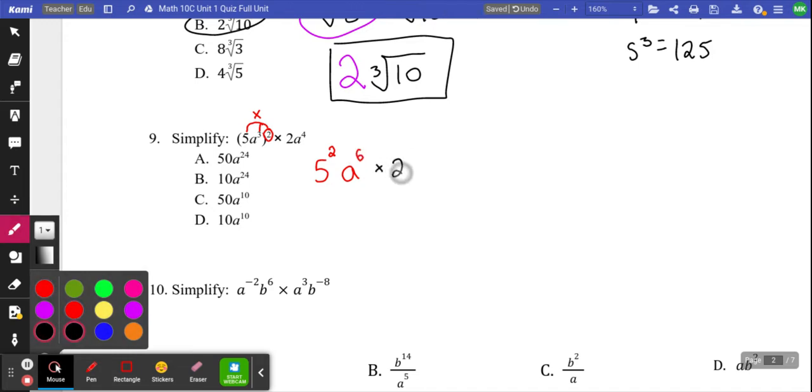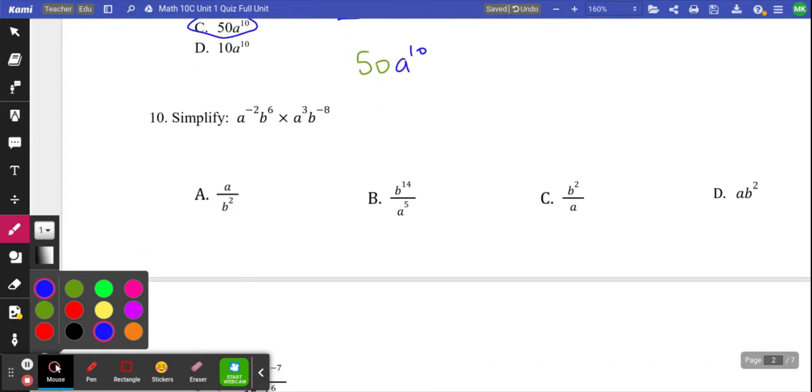The other part of the question just stays there for now. So I have 5 squared a6 times 2a4. Our coefficients are going to multiply together. So 5 squared times 2, you can put that in your calculator, is 50. And then our powers will go together. Because it's multiplying, I will add the exponents. So it becomes a to the power of 10. 50 a to the power of 10.